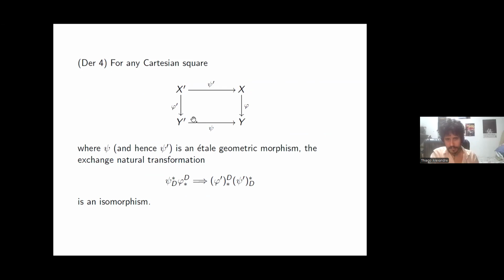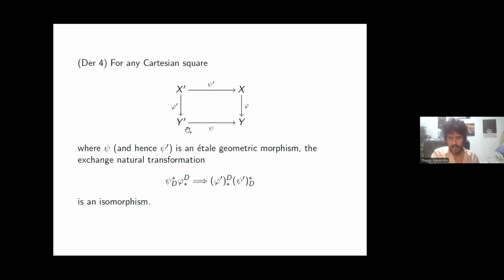Beck-Chevalier condition, which says that for any Cartesian square of categorical topoi, by Cartesian I mean this square is Cartesian in the 2-category of categorical topoi and essential geometric morphisms. And here psi and psi prime are étale geometric morphisms.